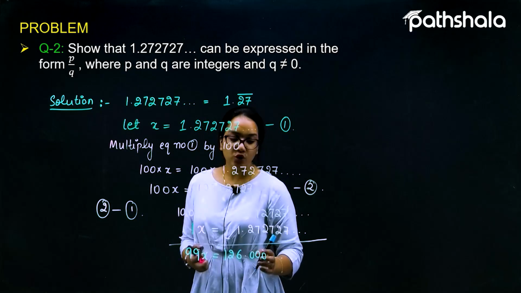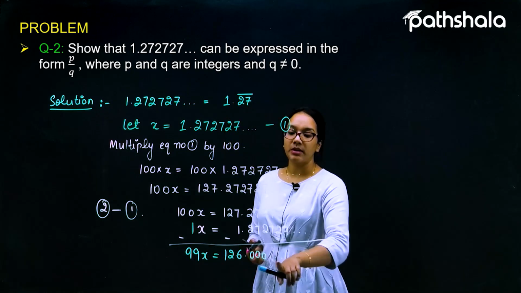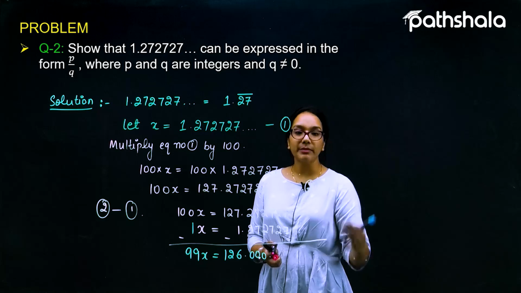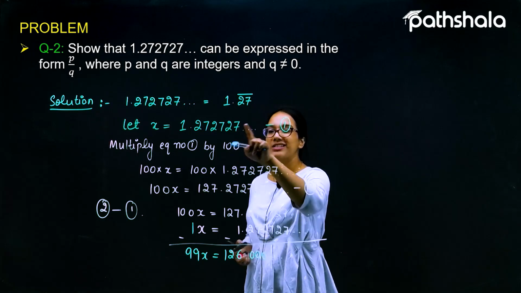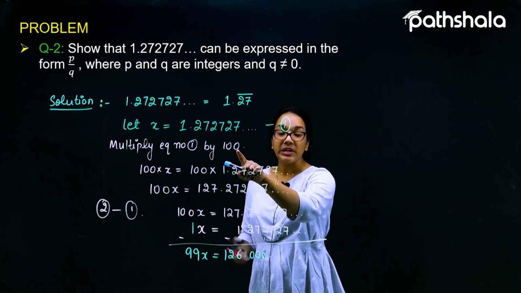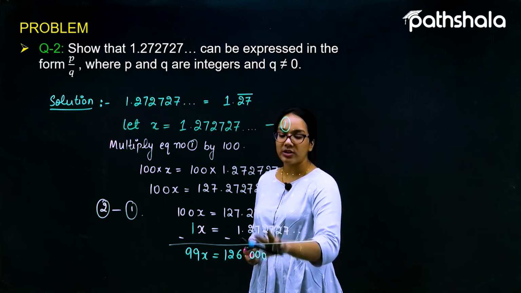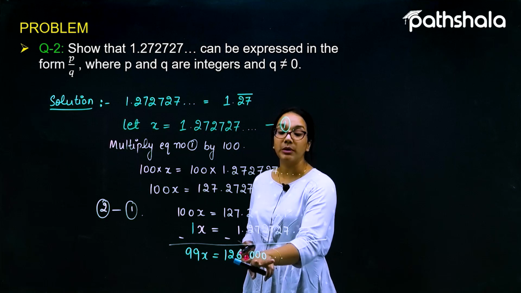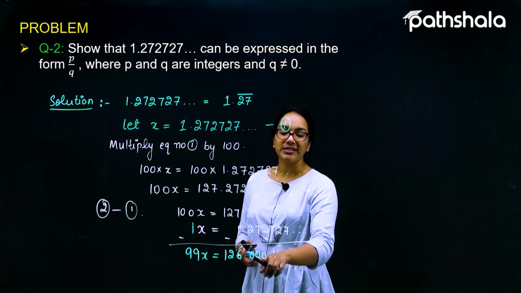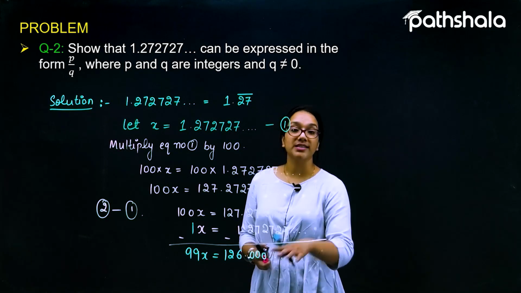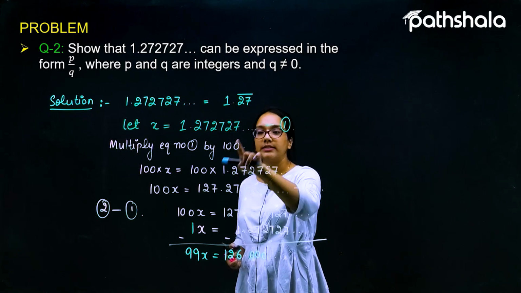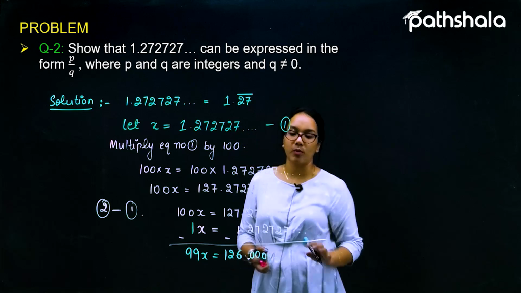Our motive is to make all the decimal places after the decimal point 0. We multiply the first equation by such a multiple of 10 that after subtracting, the digits after the decimal point become 0. This is our motive for multiplying equation number 1 by 10, 100, 1000.